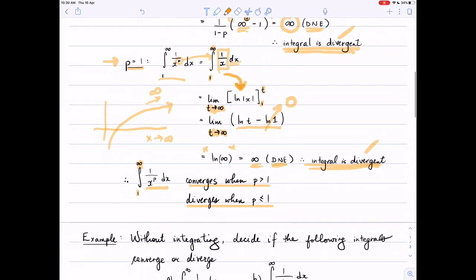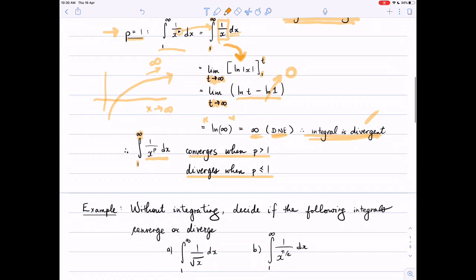Let's do a couple of very quick examples here without integrating. We want to decide if the following integrals converge or diverge. I'm not asked for their value. All I'm asked is, do they converge or diverge? Let's look at the first one, the integral from 1 to infinity of 1 over the square root of x dx.